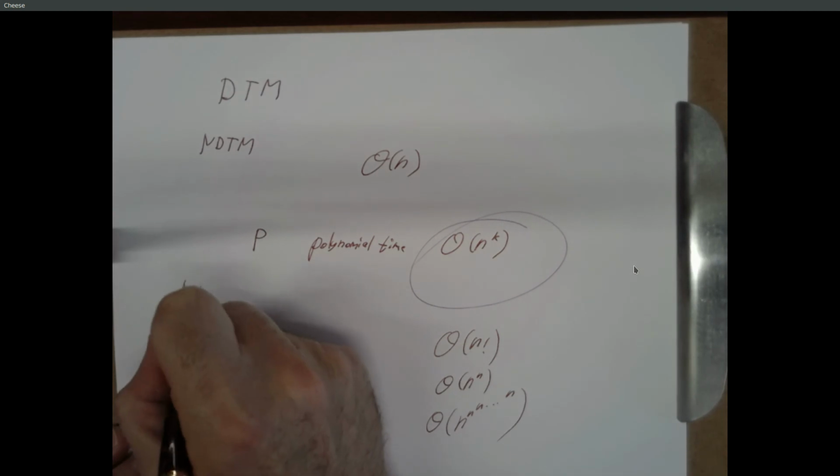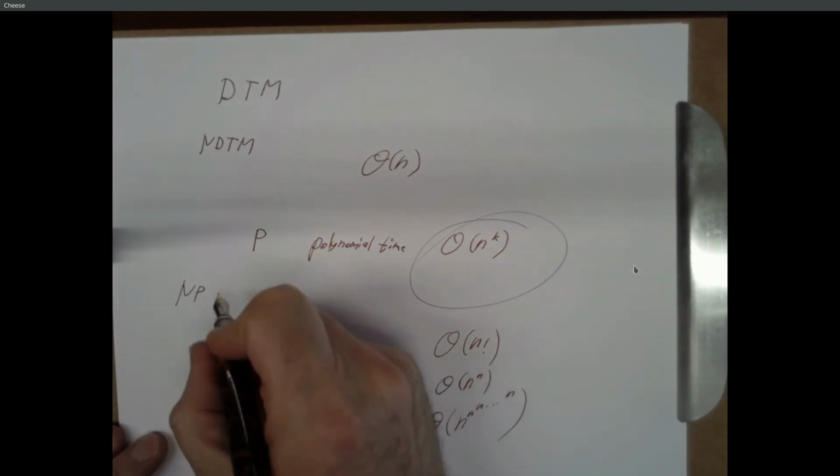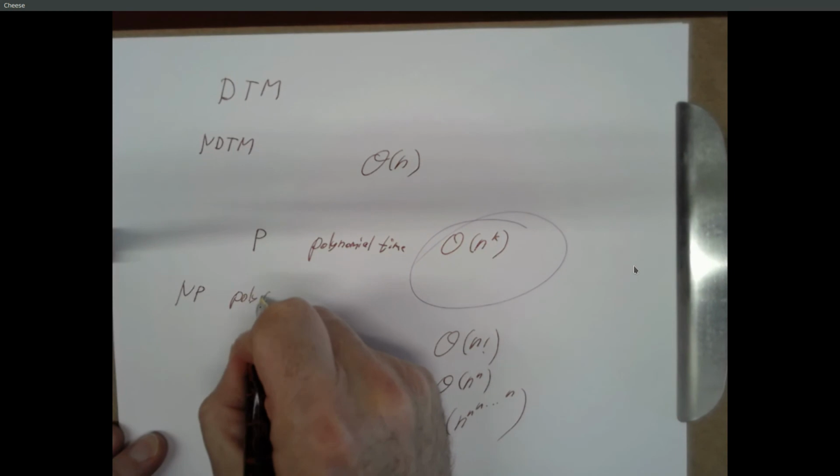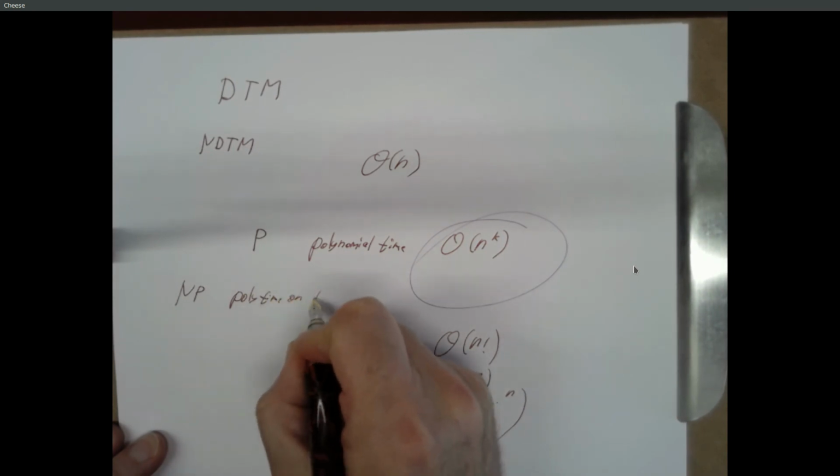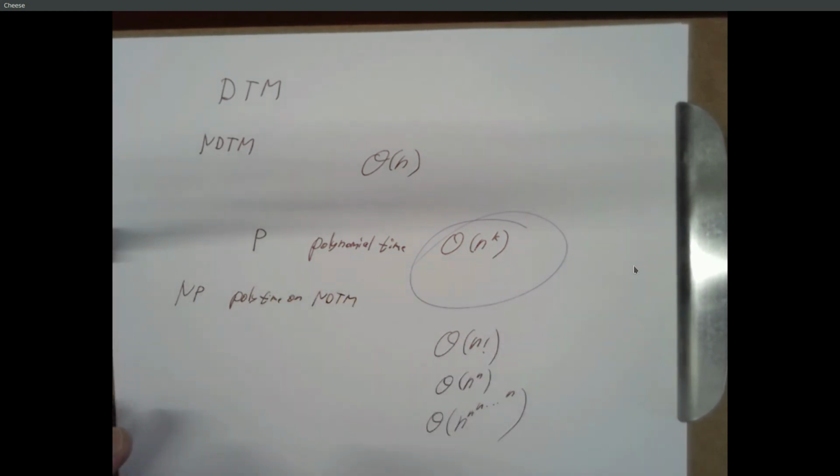There's a class NP, which means polynomial time on a non-deterministic Turing machine. Means if you have a genie, you can solve this problem in polynomial time. If you had a genie, couldn't you solve it in one? Not necessarily.